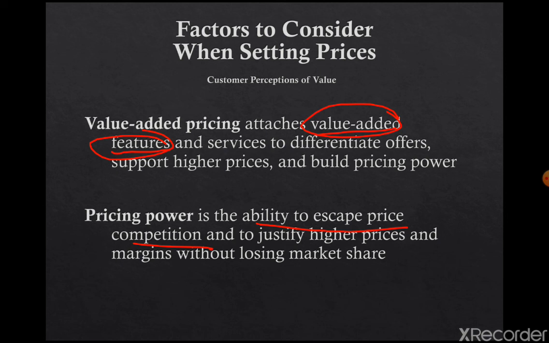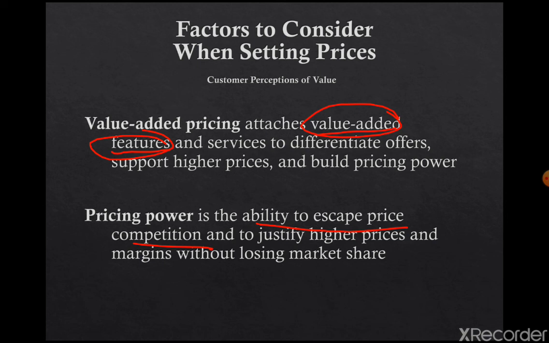That is where the customer is going to develop a certain perception and buy your product and pay you extra as compared to the competitors for your product, right?